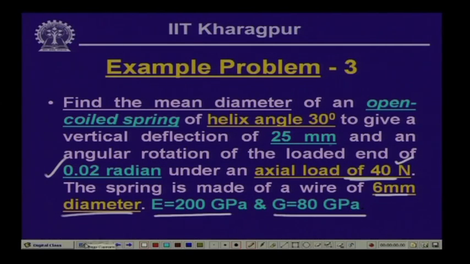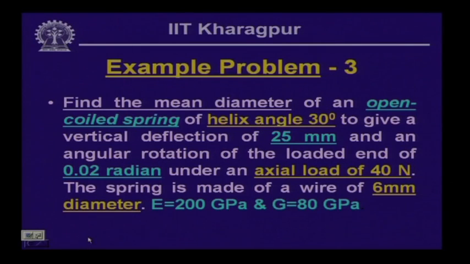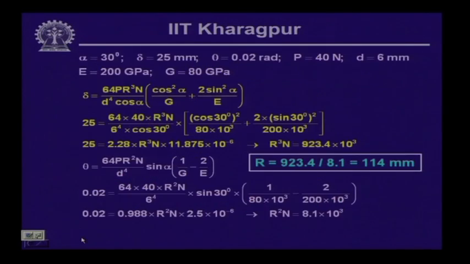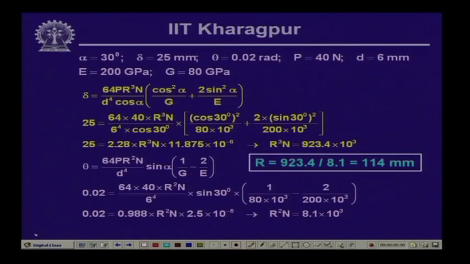Now, if we look into this, the alpha value is given, the deflection delta is given as 25, theta is given over here, and P is equal to 40 Newton, the value of small d is 6 millimeter. Now, you will have to find out what will be the mean diameter capital D or the mean radius r.